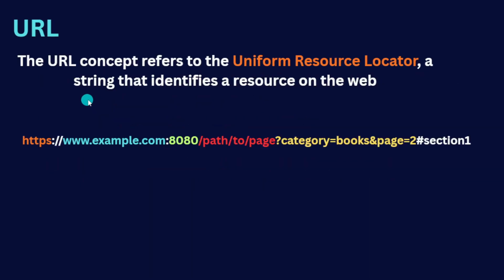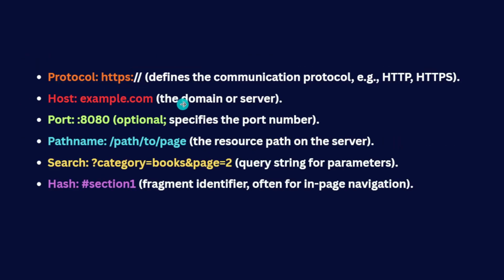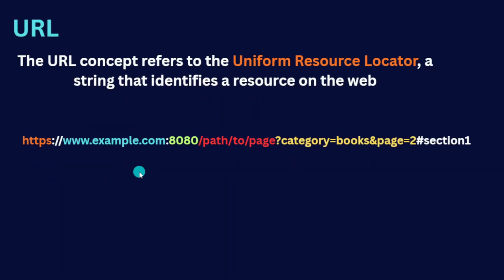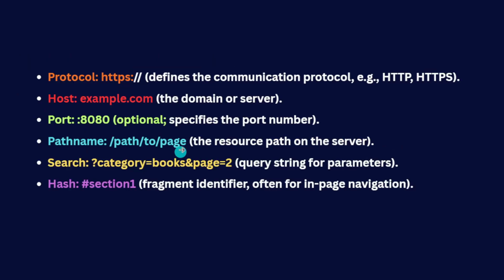And then host name, this is a host name. If you use localhost, you cannot see this www dot, right? So this is the host name, and then port, so you can see port like localhost, and then path name, right, the resource path on the server.